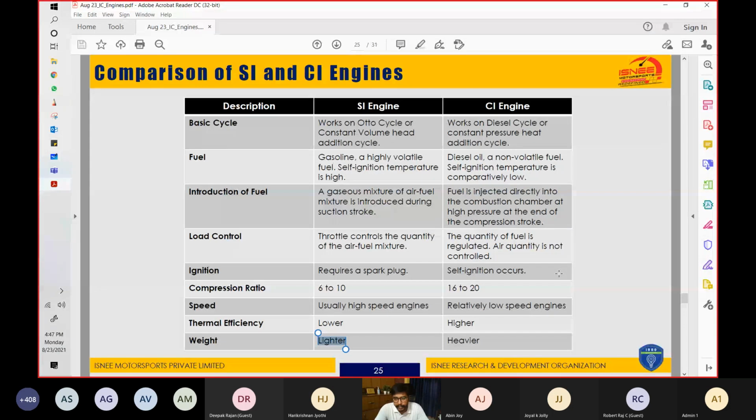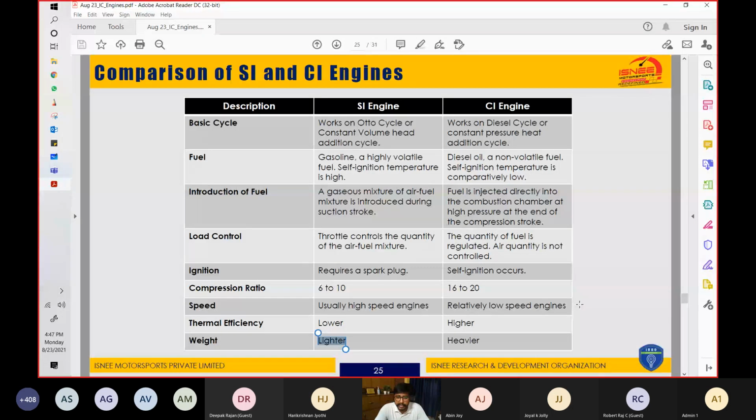The compression ratio in the SI engine is 6 to 10, and in the CI engine it is 16 to 20. Then speed. Usually SI engines are used for high speed purposes, and relatively low speed engines are CI engines.